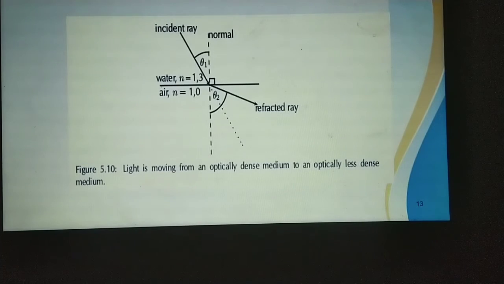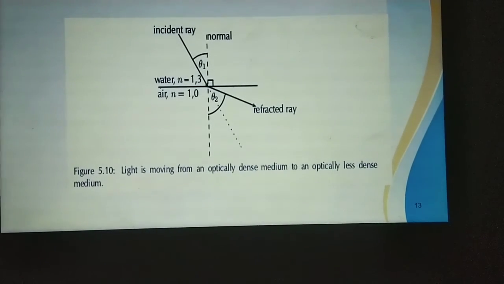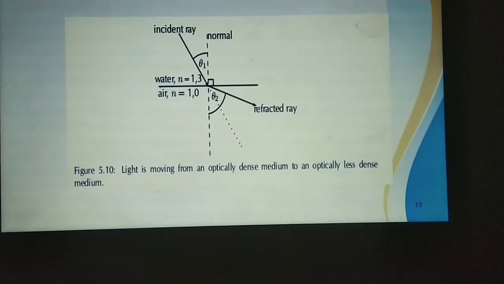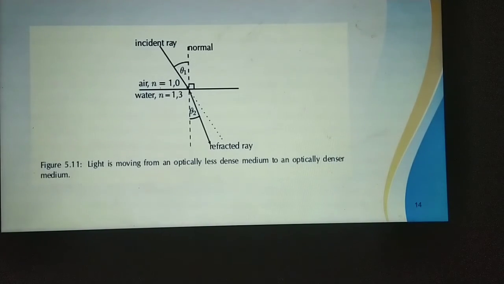We say the light is moving from an optically dense medium to an optically less dense medium, so from more dense to less dense. Then the light can also move from less dense to more dense.